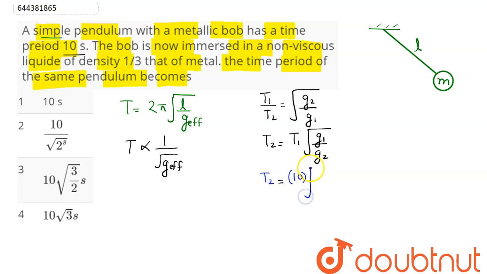Initially in the air, G was simply 10 meter per second square.